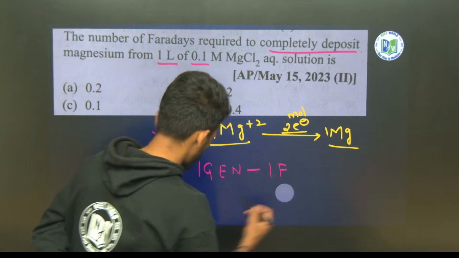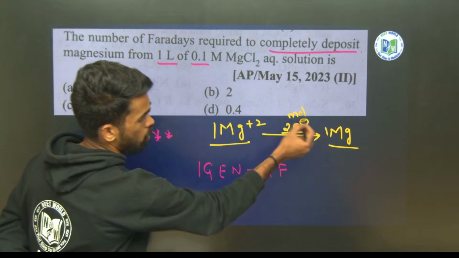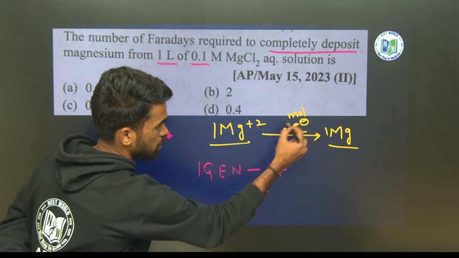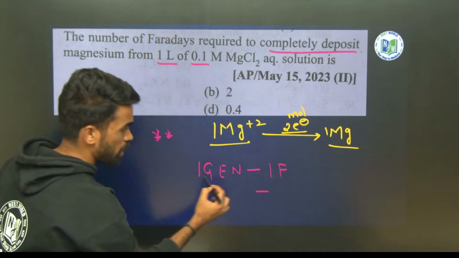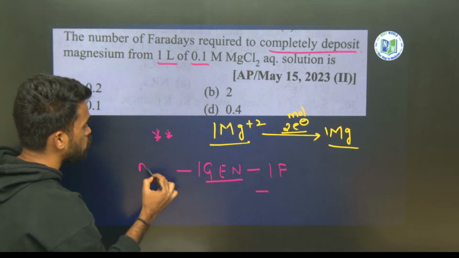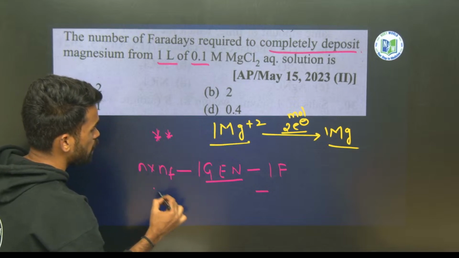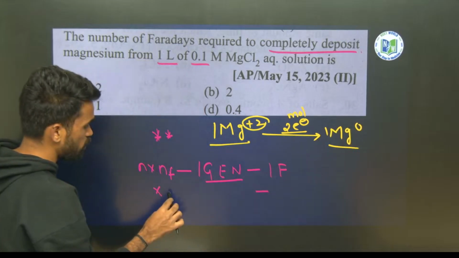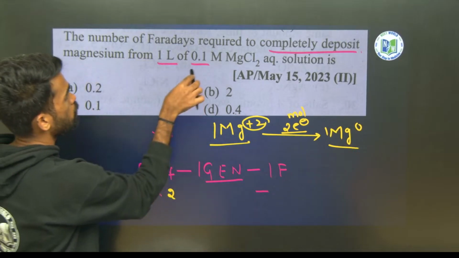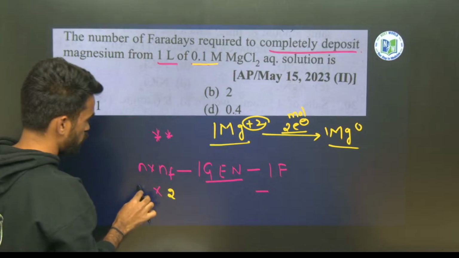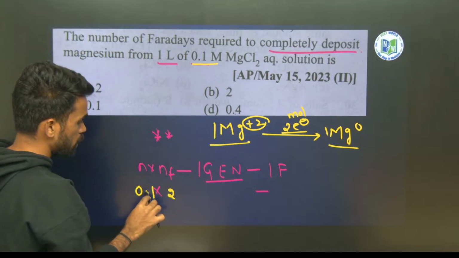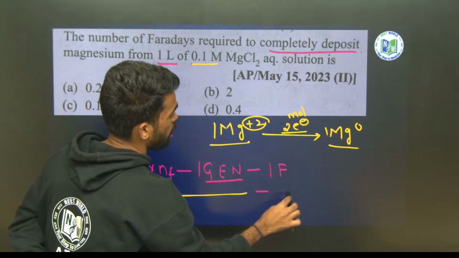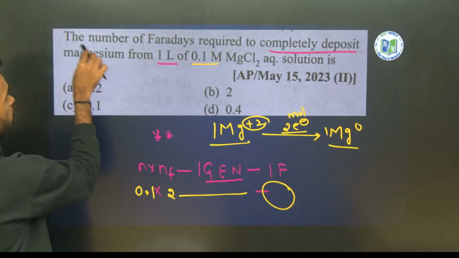So here number of gram equivalents is nothing but n into n factor. So what is the n factor of magnesium +2? +2 is converting into 0, so its n factor will be 2. How many moles are they saying? 0.1. So 0.1 into 2. This gives how many Faradays you need. Number of Faradays they are asking.